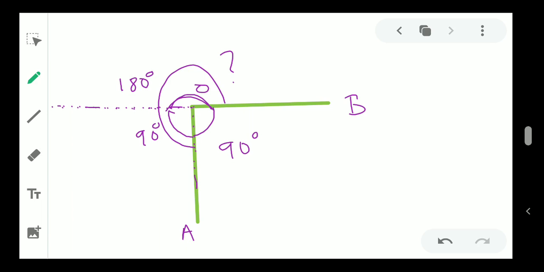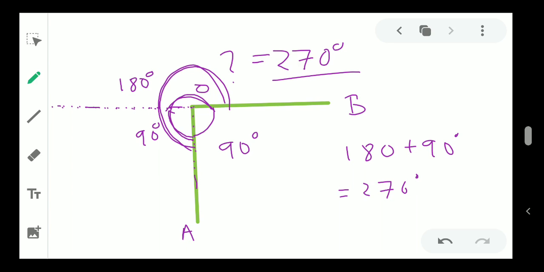So this big is 180, this is 90. So how much will be the rest of the thing? So 180 plus 90, that is how much? 270 degree. So this total part will be my 270 degree.